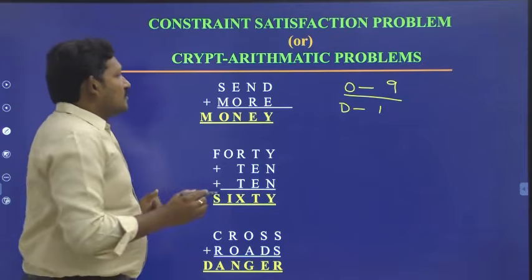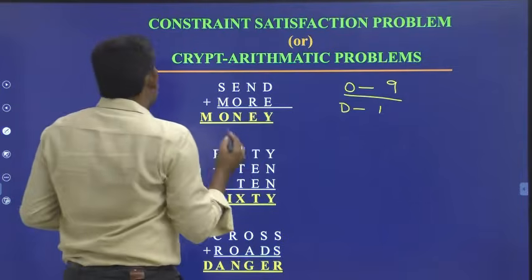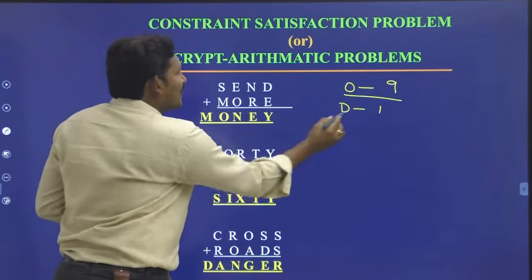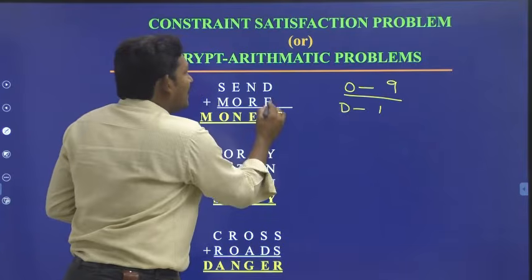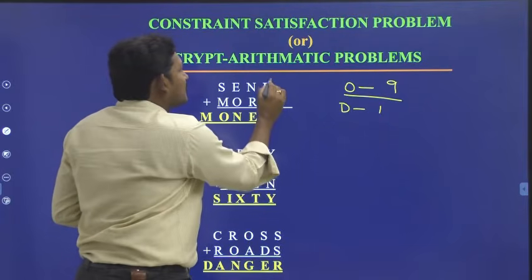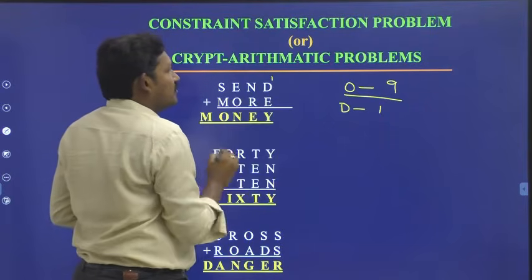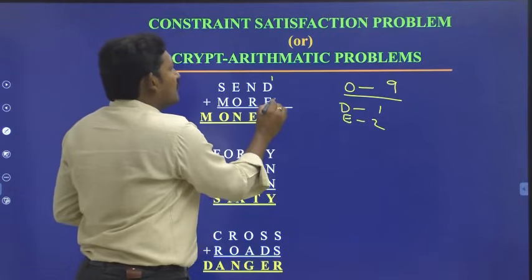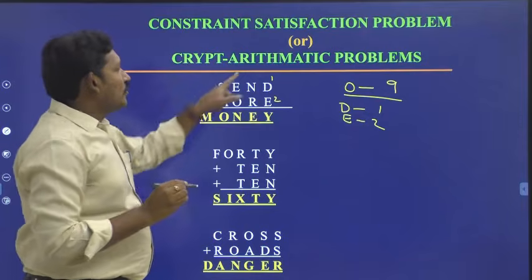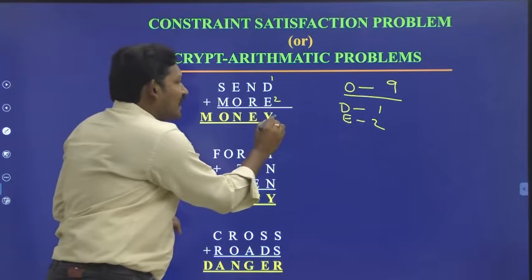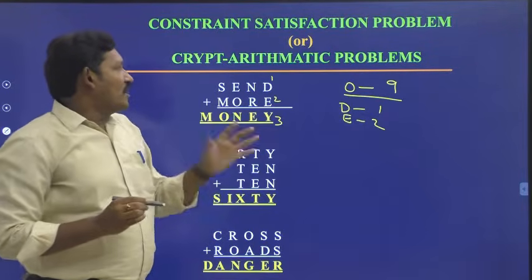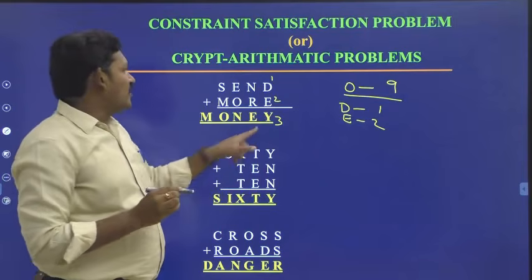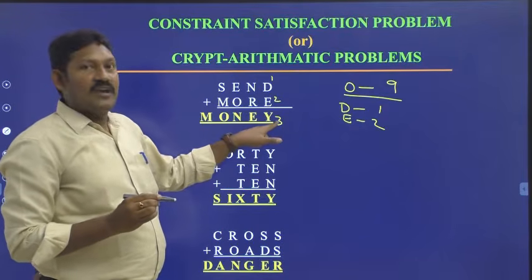Okay. So, let us suppose we assign 1 to D, and for E we assign 2. So 1 plus 2 is 3. Wherever we get Y, its value should be 3.